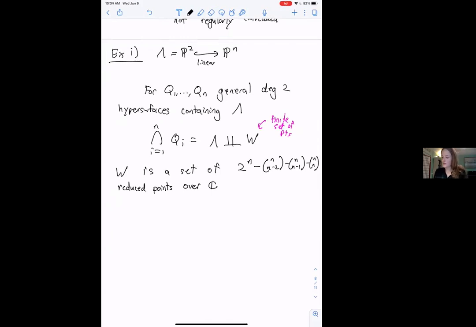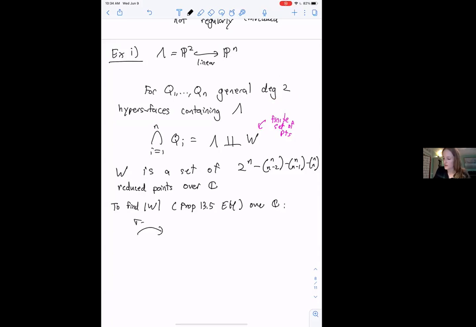So to find W, what you can do, this is proposition 13.5 in Eisenbud and Harris's book, 3264, like the 3264 problem and all that, over C or an algebraically closed field. The degree 2 hypersurfaces give us degree 2 equations.